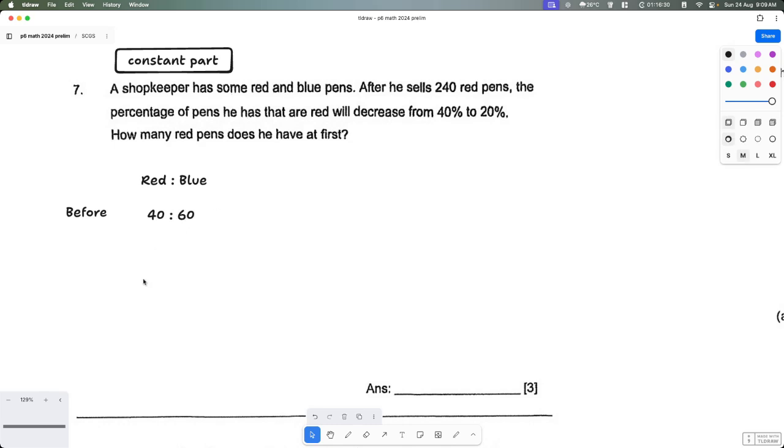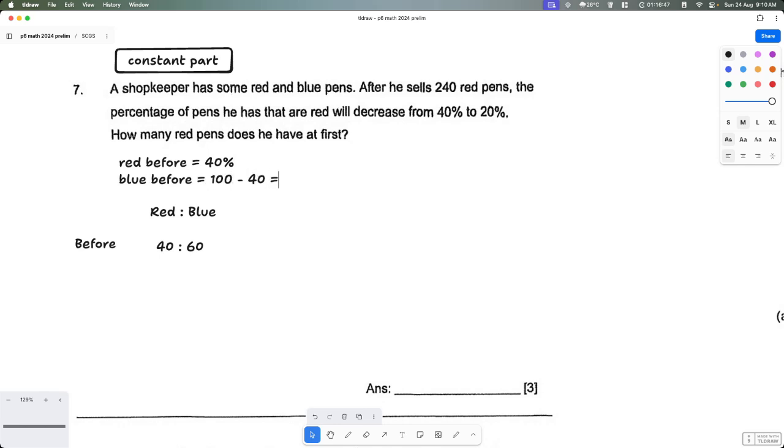If I were to do the workings on top, red before is equal to 40%. That means blue before is equal to 100 minus 40, which is 60%. So pretty straightforward, 40, 60. And then what's the change over here?